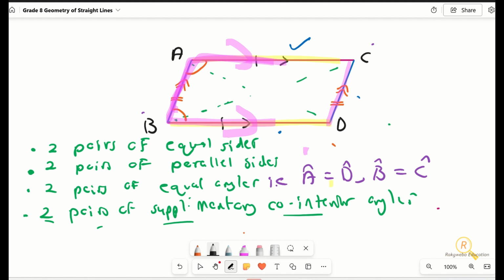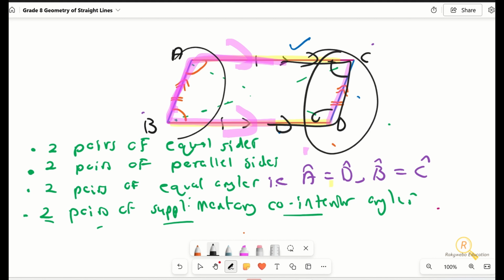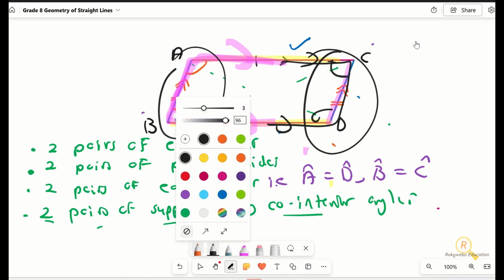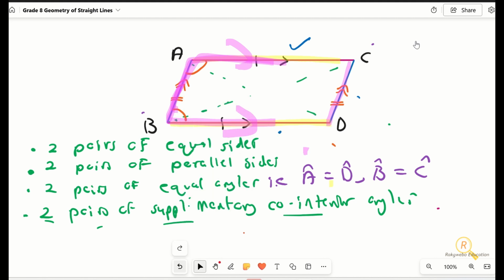The second pair of co-interior angles is this angle and this angle. They create a C between parallel lines. So you see that we have the first pair of co-interior angles and the second pair of co-interior angles. So let me clear the whole mess there.